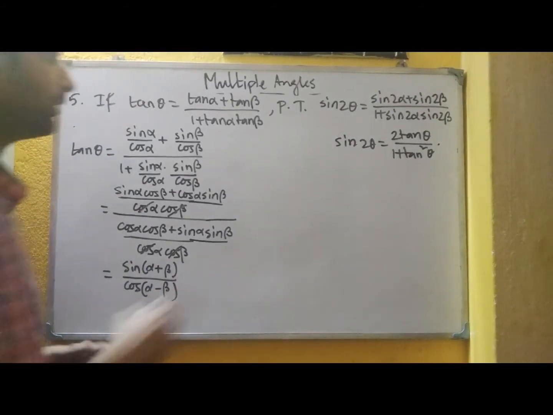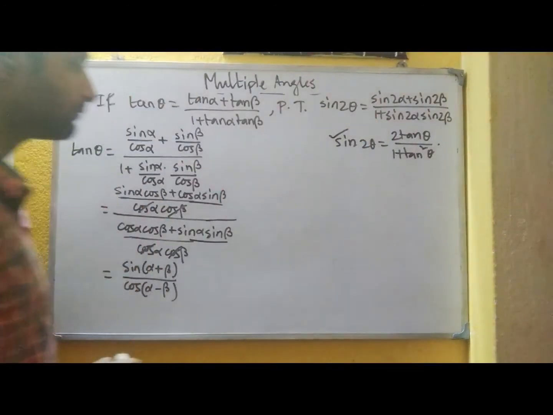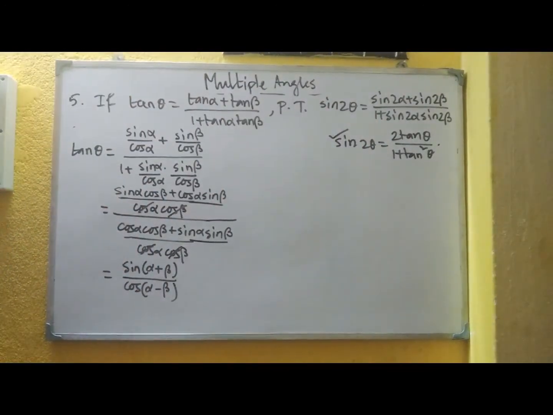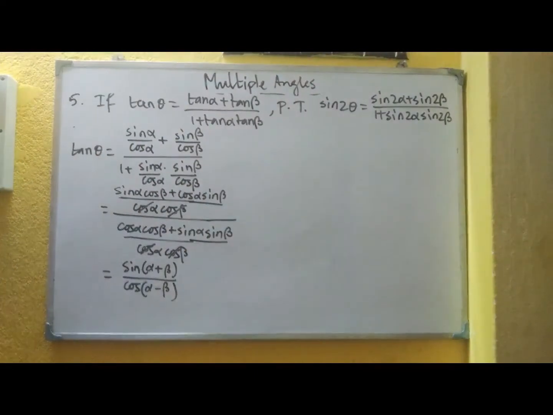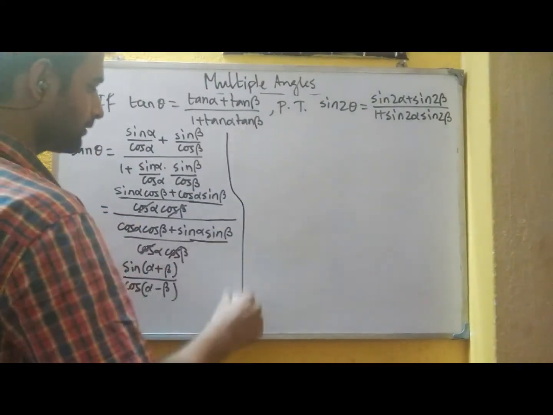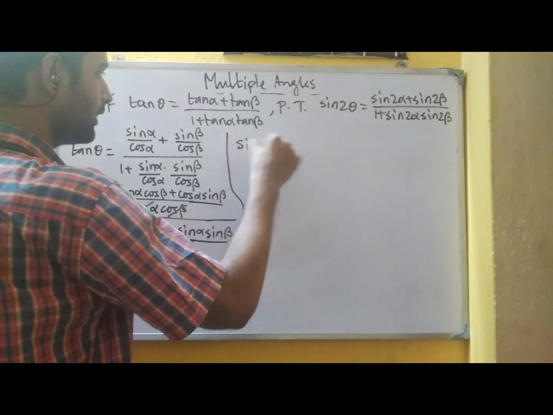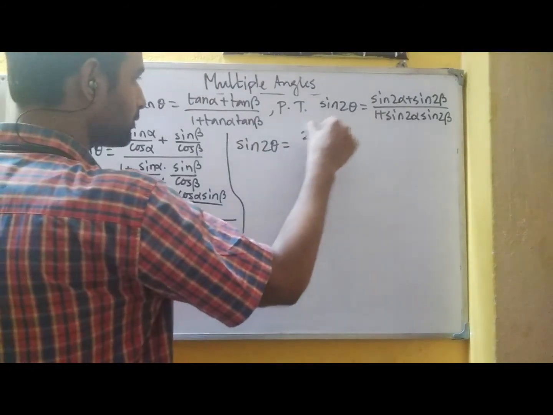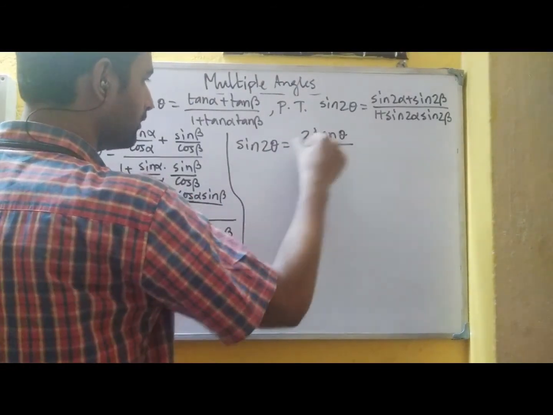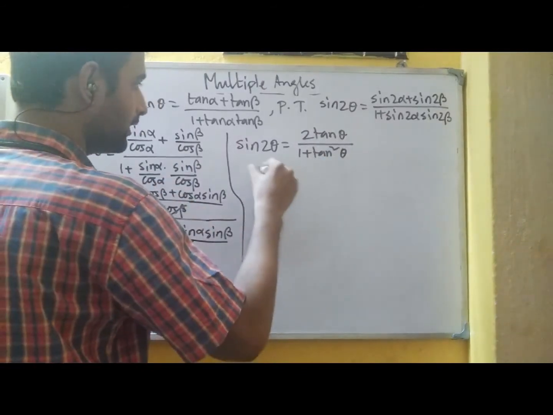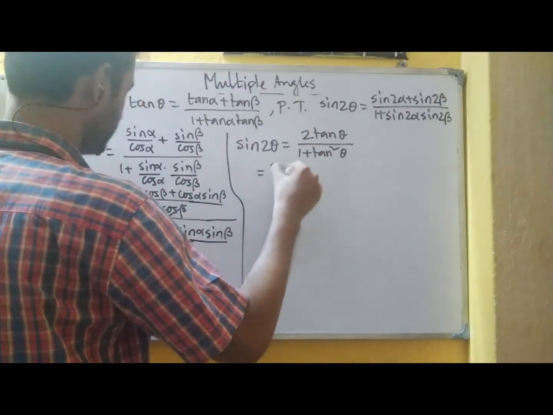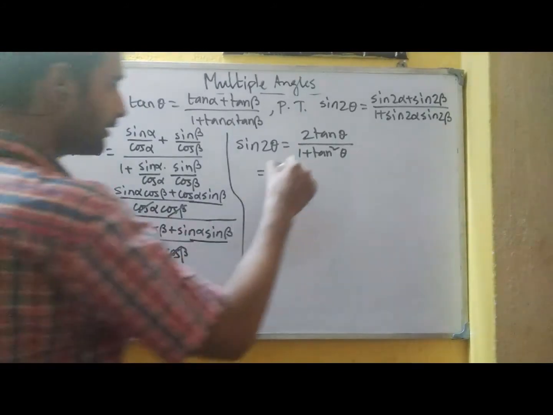Now we are applying this formula, and there we will put the value of tan theta as this one. So let us do that. We are starting from here: sin 2 theta is 2 tan theta by 1 plus tan square theta. Instead of tan theta, now we are putting the value of tan theta.